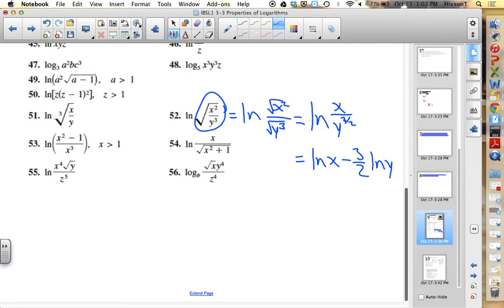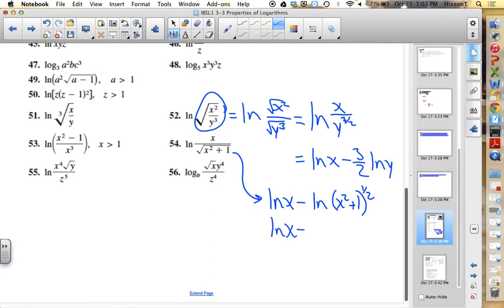Yes? And then for a question like 54, would you just simplify x squared plus 1, just have x plus 1? That one can't simplify that way, because it's addition. So if I were doing 54, I'd do natural log of x minus natural log of x squared plus 1 to the 1/2 power, and then you can pull the 1/2 out in front.